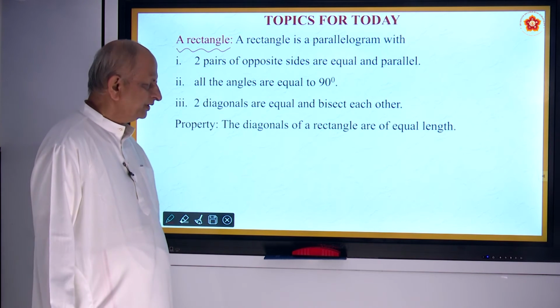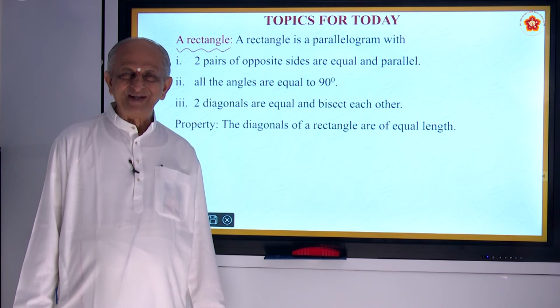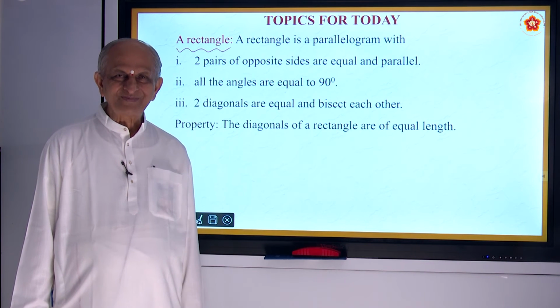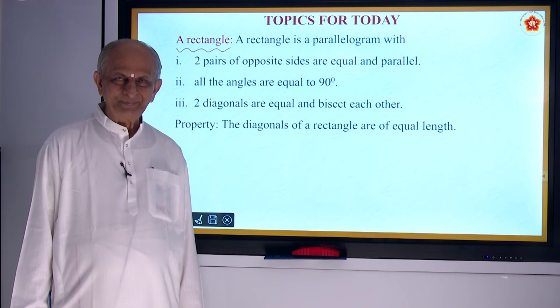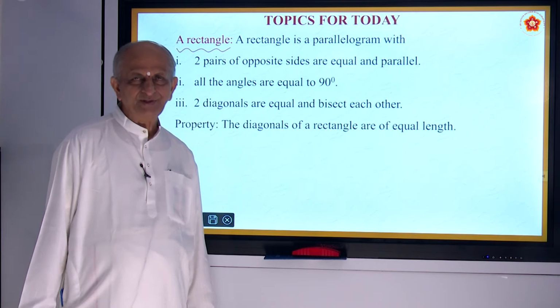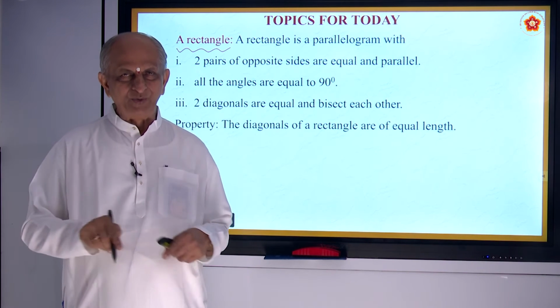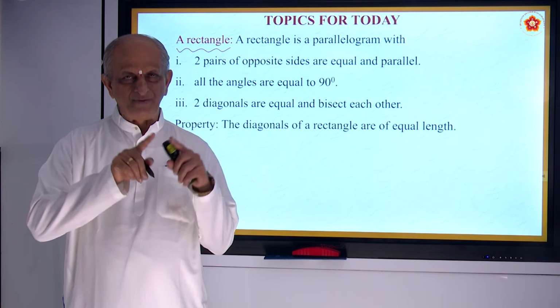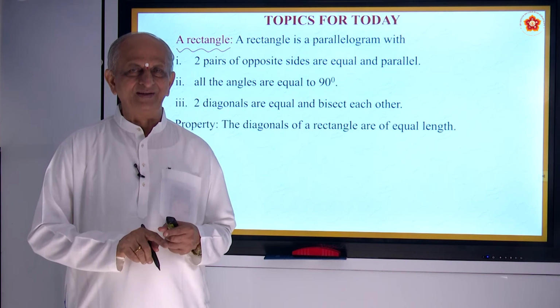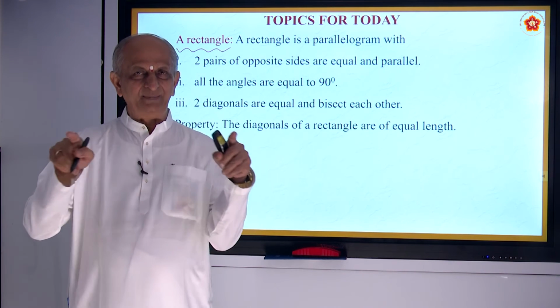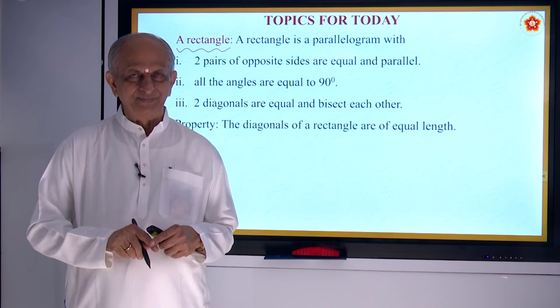Can you make a list of all the rectangles in your home? Just go on listing out. For example, your long book: the top of the long book is a rectangle. The top of the table is a rectangle.